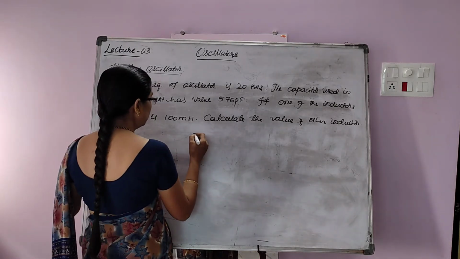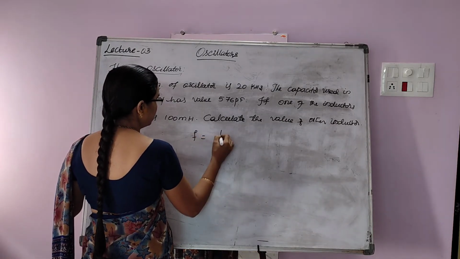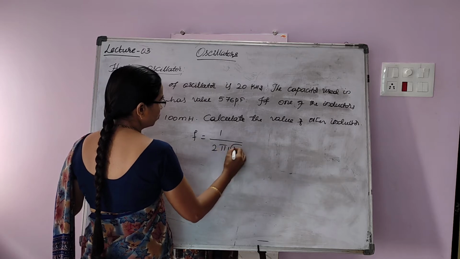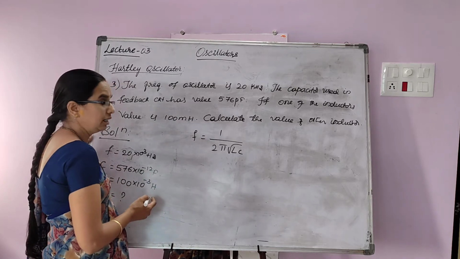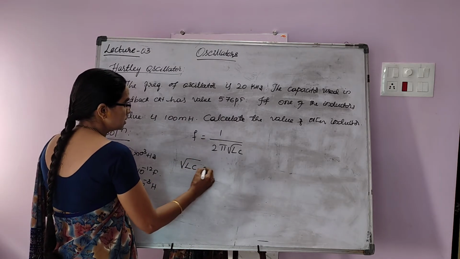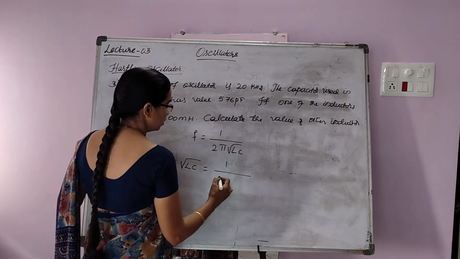The same formula, F is equal to 1 by 2 pi into root LC. Here also F is given. You have to make the equation for L actually. So root LC will be taken to this side.